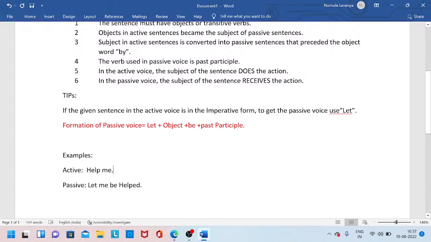So this is how. And let me come down, and one more thing.